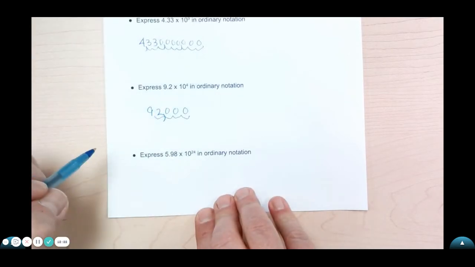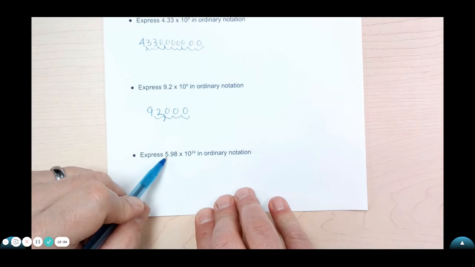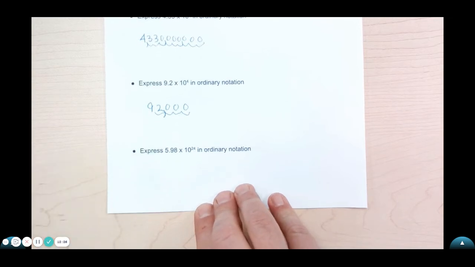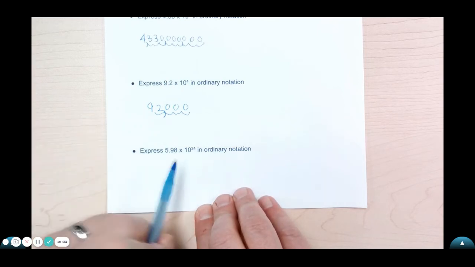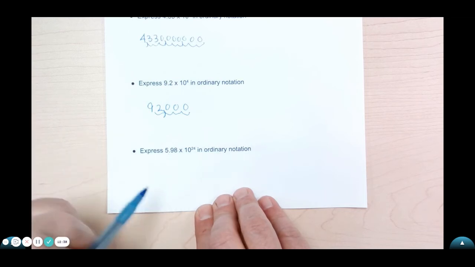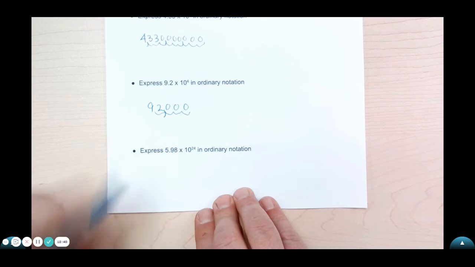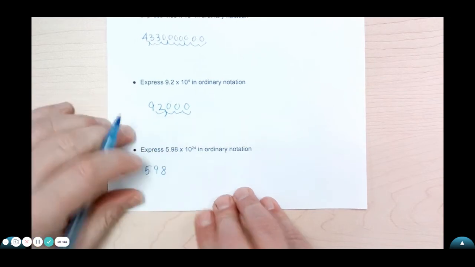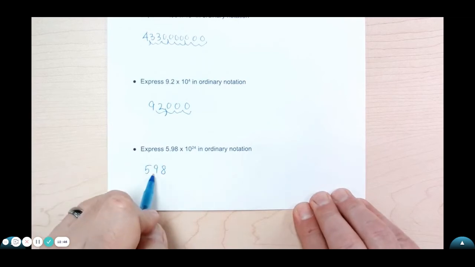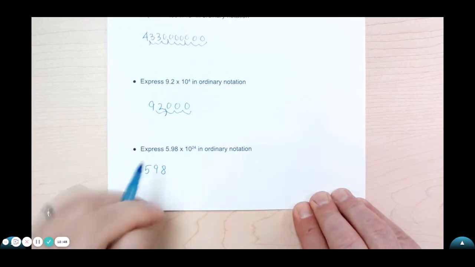This last one, believe it or not, is the mass of the Earth in kilograms. So once again, it's an actual number you're going to end up using in physics. But you would not want to write out 598000000. So typically it's written this way. But just to show you, hey, you can even write a number absurdly large like this in ordinary notation. 598. Here's where the decimal is. I've got to move it 24 times.